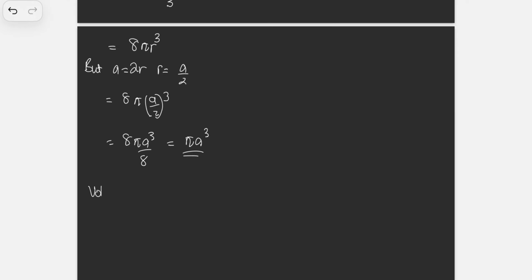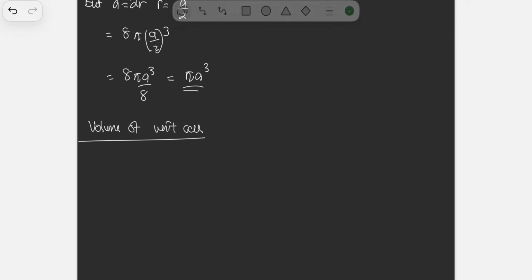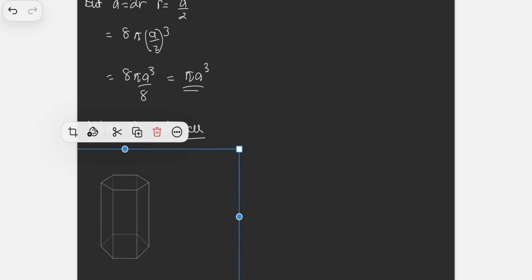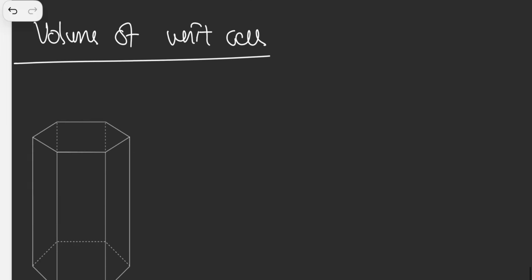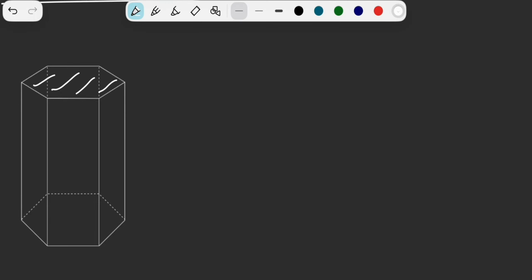And if you want to find the volume of the unit cell, and bearing in mind that this unit cell is basically like a hexagonal prism, right? If you want to find the volume of a hexagonal prism, it's going to be the surface area at the top.